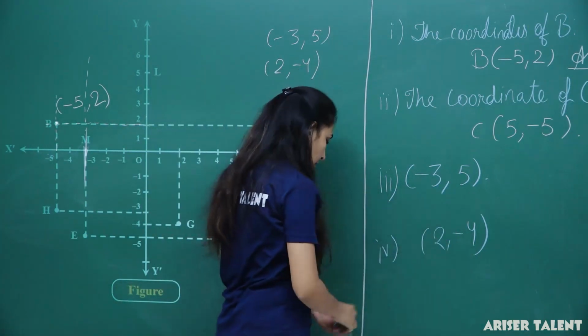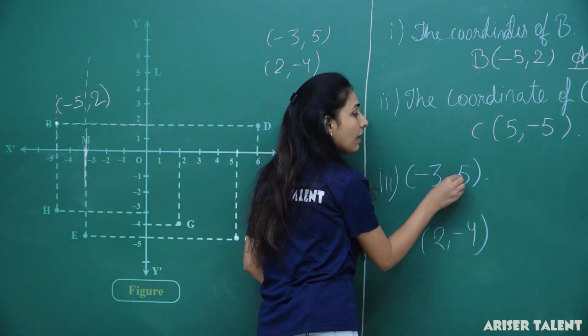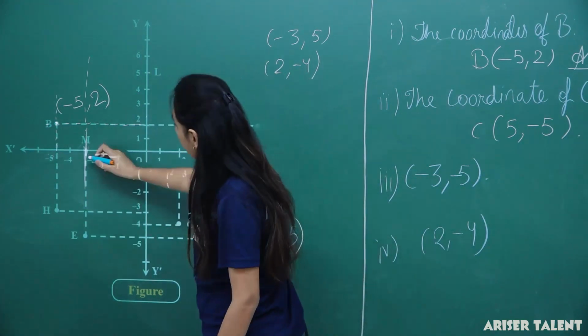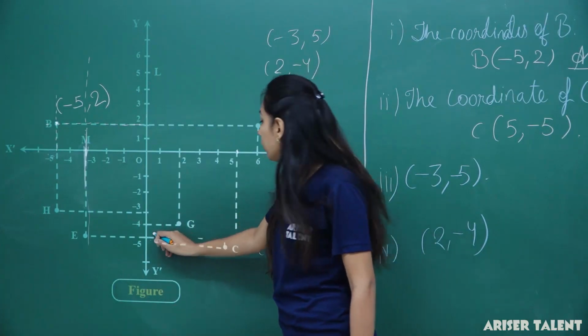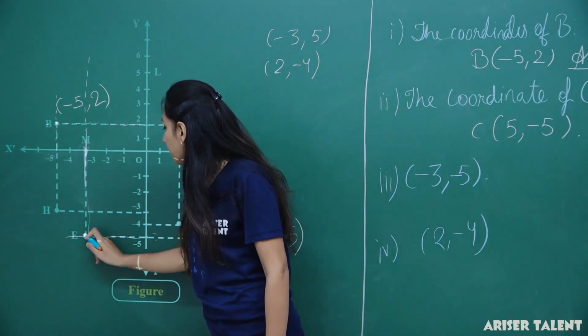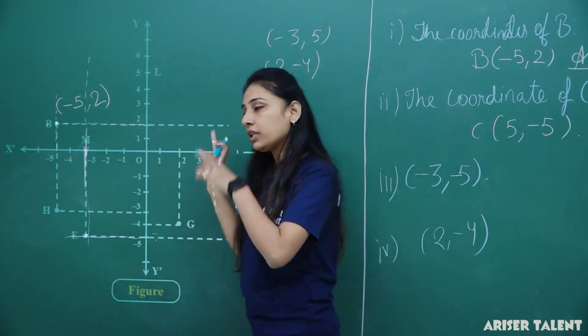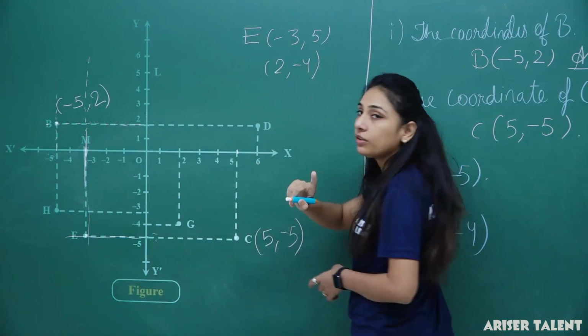Correct it, students: in the question, this is minus 3 comma minus 5. Minus 3 is the abscissa, so start searching for it on the x-axis. So this line is minus 3. Now minus 5 on the y-axis is the ordinate. Where they meet gives you point E. So point E will be your answer.